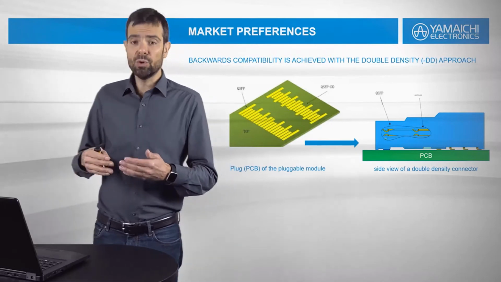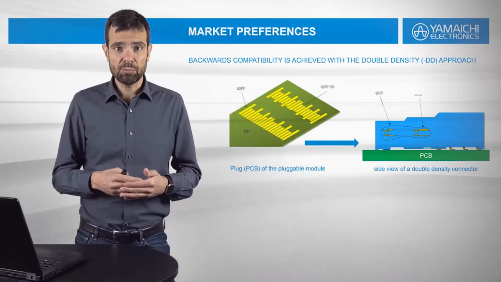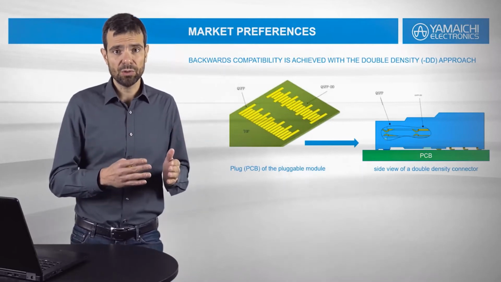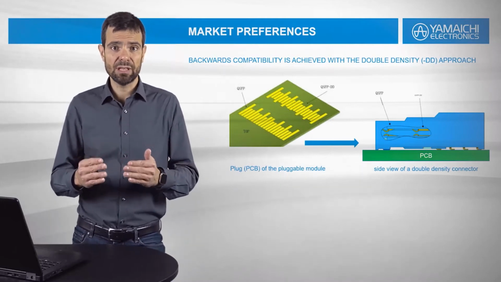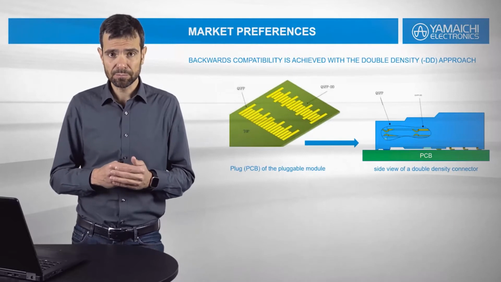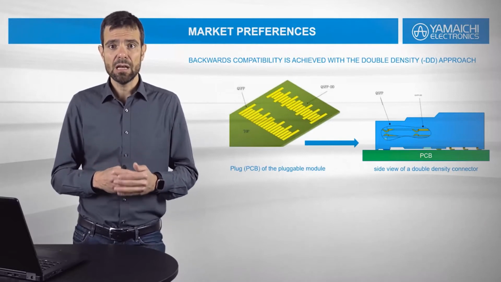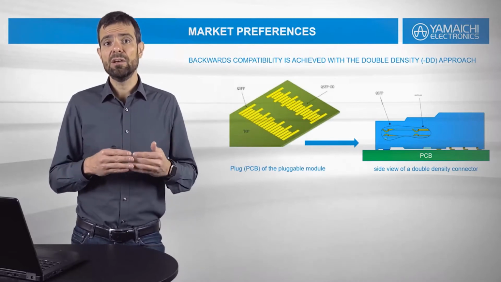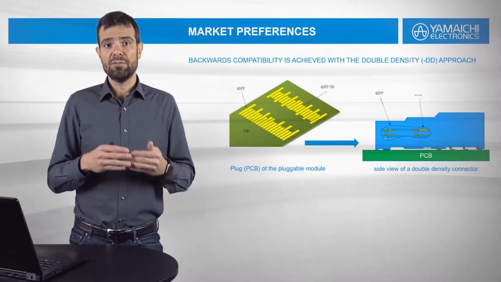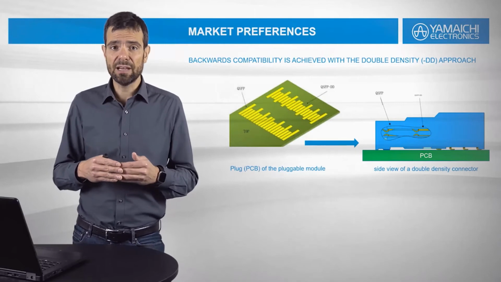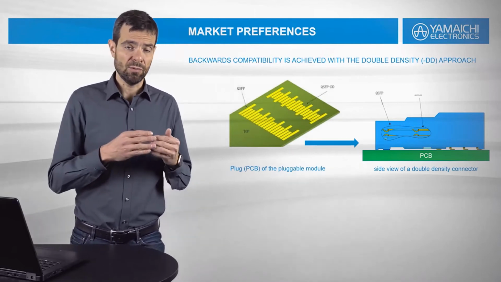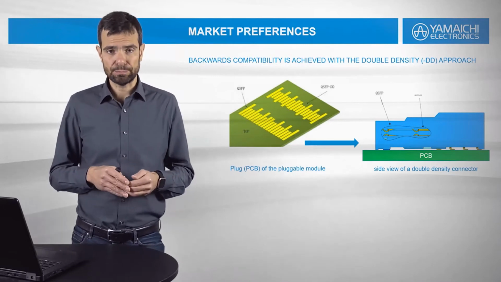For those of you who don't know how the DD approach actually works, you have an old heritage row of contact and you have a new row of contacts, the double density contact rows. So if you use an original form factor, it will just contact with the first row. If you have the double density form factor, it will contact with both rows, the front and the rear row.